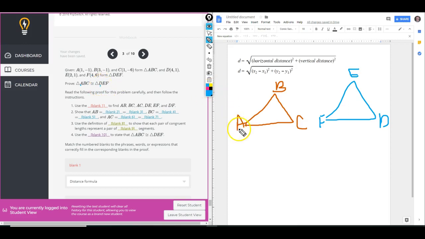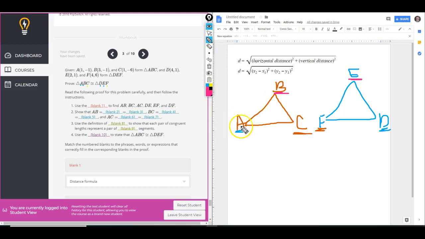So A actually corresponds to point D. Point B corresponds to point E. And point C corresponds to point F. So corresponding side lengths are going to go between corresponding points.